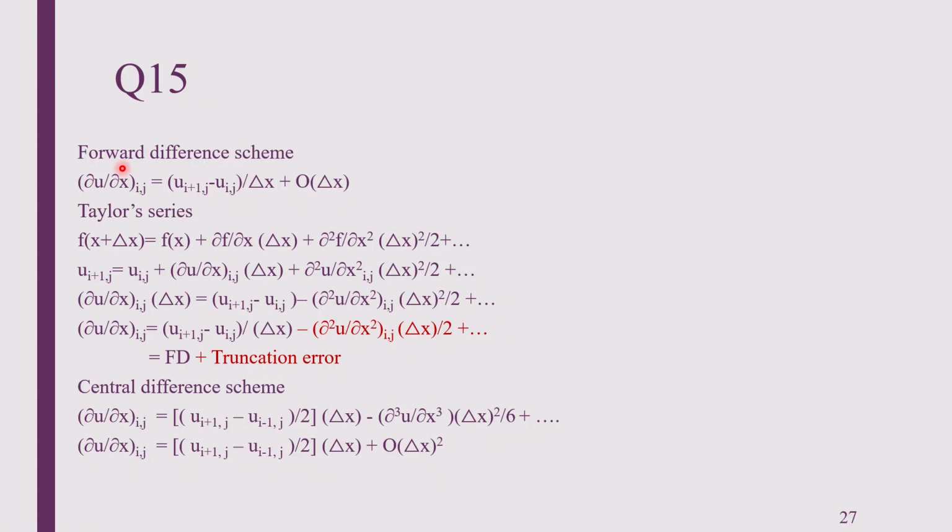So we'll see how we go about this. For example, we have a Taylor series to get f of x plus delta x. So how would we write f of x plus delta x?